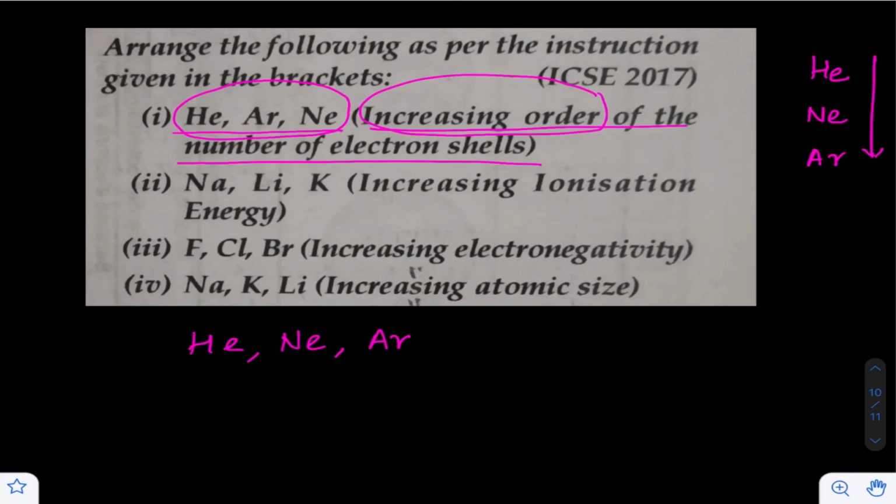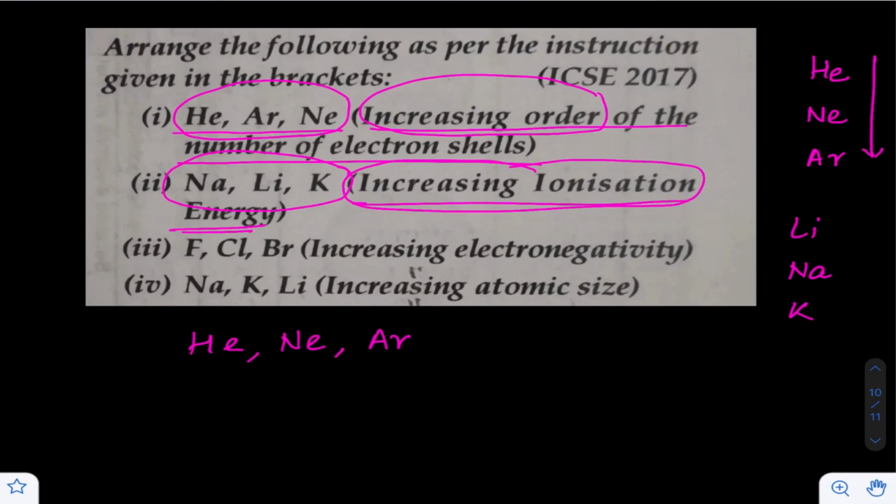Now what has been asked in the second part? Sodium, lithium, potassium: increasing ionization energy. We have to find out whether these elements belong to the same group or the same period, and we know they belong to the same group. Lithium comes on top, then sodium, then potassium, and they are asking for increasing order of ionization potential.